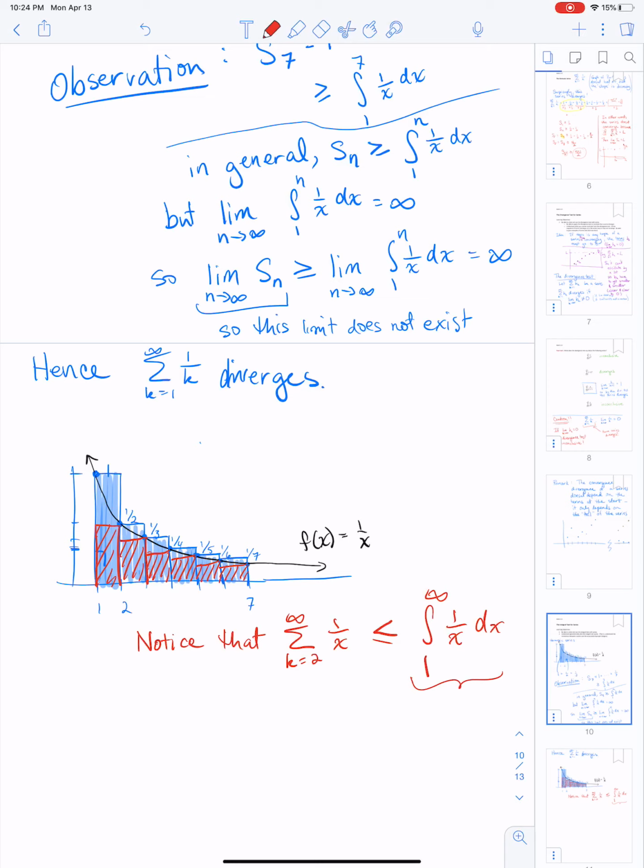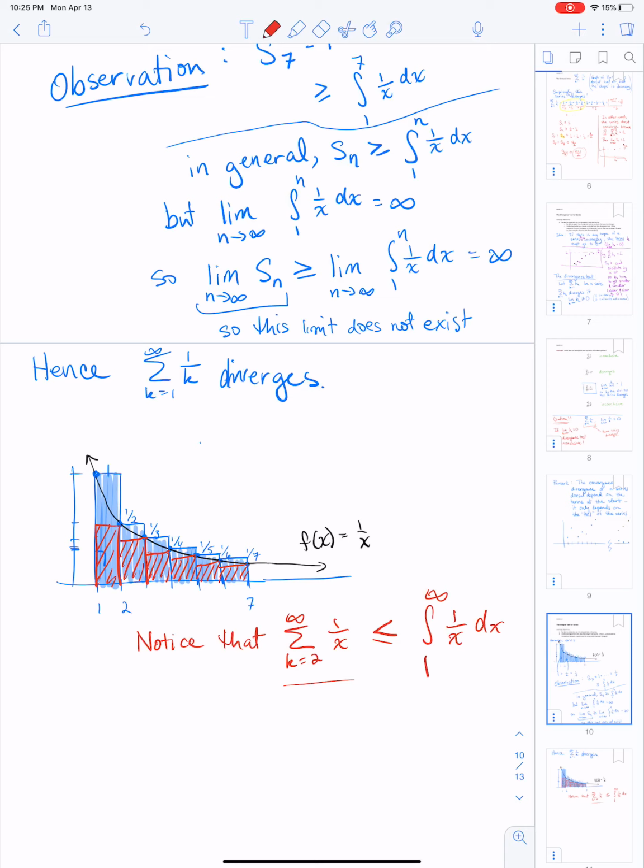But if we didn't already know that the integral diverged, but we knew that the harmonic series diverges, well, divergence only depends on the tail of the series. So subtracting 1 from something that diverges isn't going to make it converge. So if we know this series is infinite, that also gives us a way of showing that the integral on the right hand side diverges.